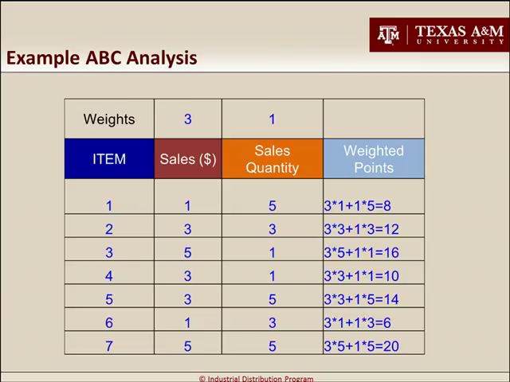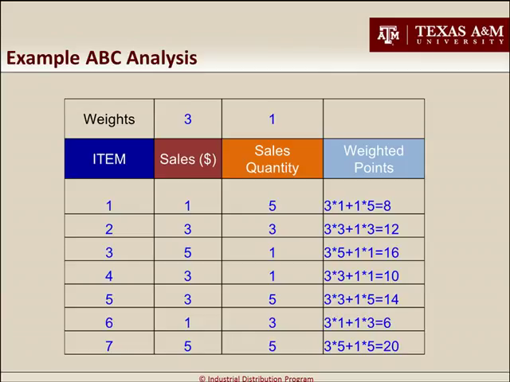So 3 times 1 plus 1 times 5, which is equal to 8. For the second item, it is 3 times 3 plus 1 times 3, which is 12. And for item 7, it is an A item for sales dollar and an A item for sales quantity. So it is 3 times 5 plus 1 times 5, a total of 20.